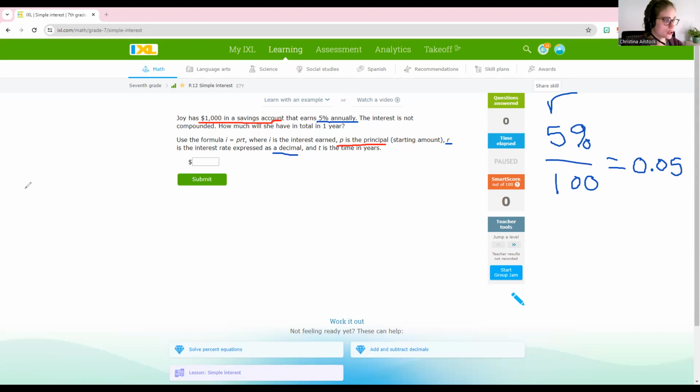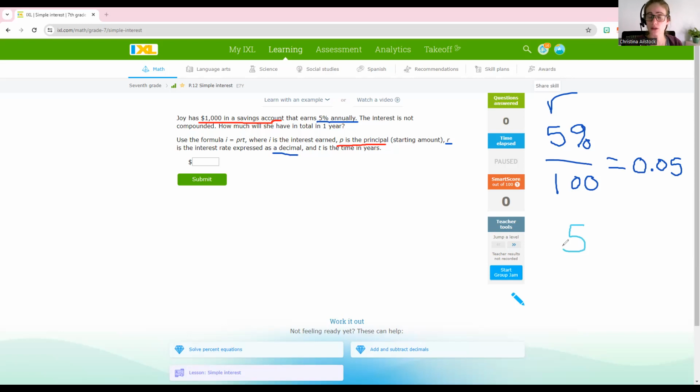Another way that you can do this, if you wish, is when you divide something by 100, that is the same thing as moving your decimal point 2 places to the left. So when you're turning a percentage into a decimal, you can either just do it by dividing by 100. That kind of helps lessen the chance that you might make a mistake.